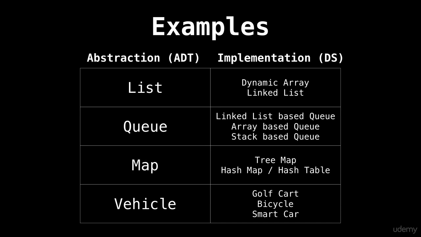This may not be the most efficient way of implementing a queue, but it does work and it is possible. The point here is that the abstract data type only defines how a data structure should behave and what methods it should have, but not the details surrounding how those methods are implemented.